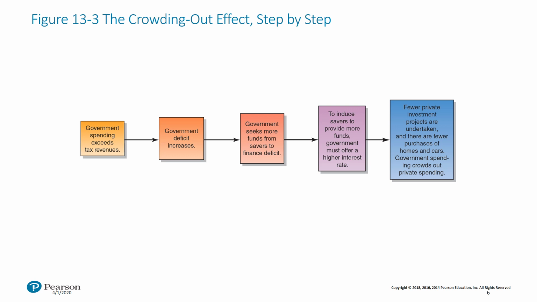Government will ask for funds by offering individuals, households, firms, and foreign residents a higher interest rate, right? So if someone asks you for money, they should offer something in return, right?